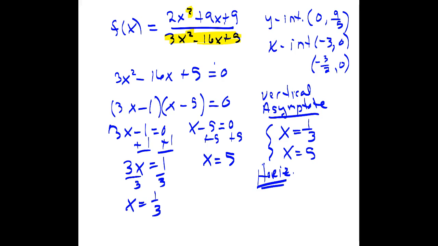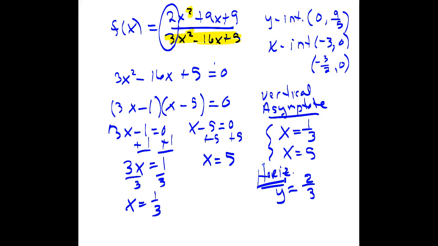If the degrees of the numerator and denominator are equal, then the horizontal asymptote is the ratio of the leading coefficients. So I look at these two coefficients, and the ratio is 2/3. So y equals 2/3 is our horizontal asymptote.